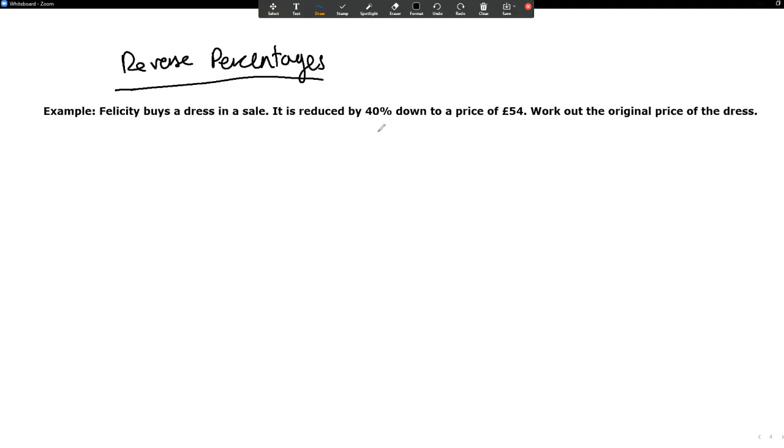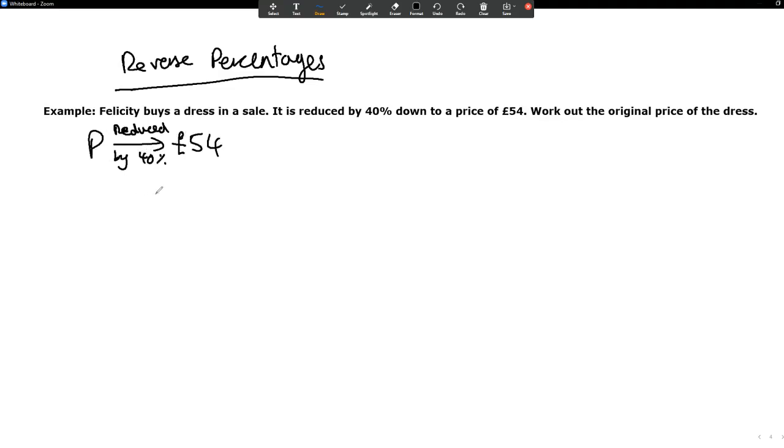It is reduced down by 40% to the price of £54. Work out the original price of the dress. So we need to think there was an original price P, and that got reduced by 40%, and now it's at £54. And we want to find P.